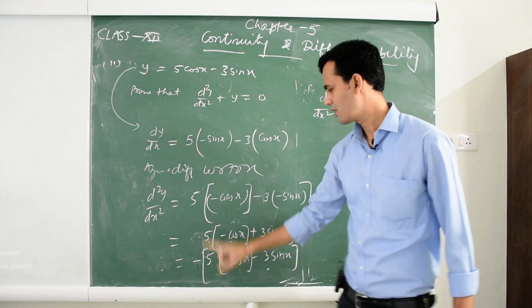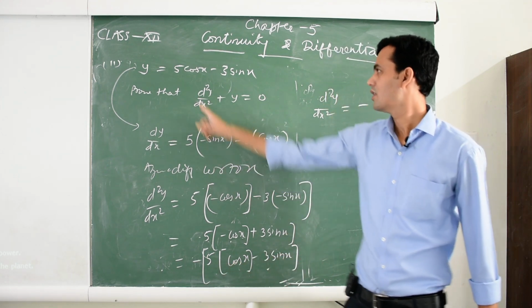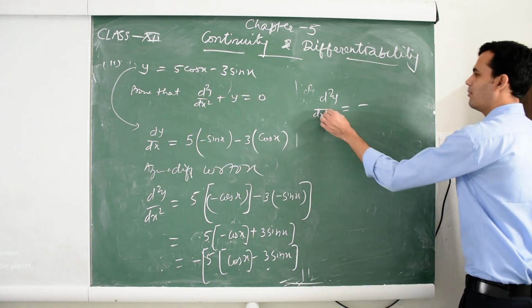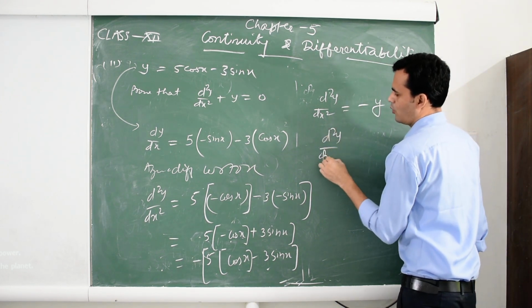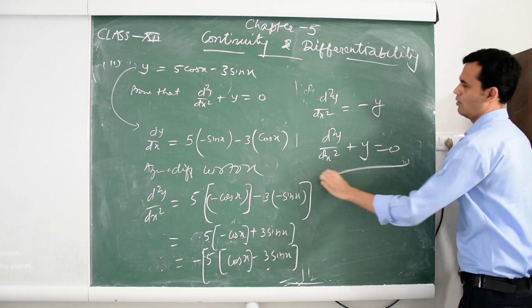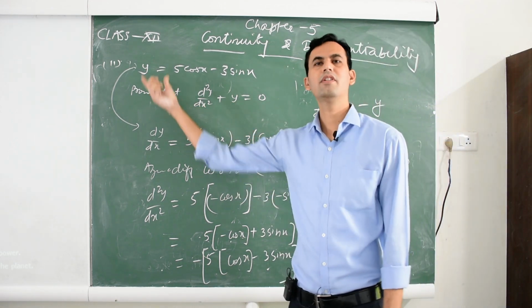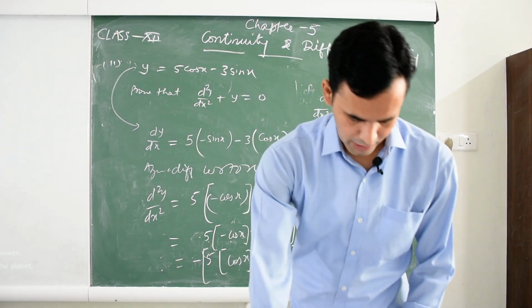So d2y by dx square equals minus y, or d2y by dx square plus y equals 0. So this is the proof of this question. Question number 11 complete.